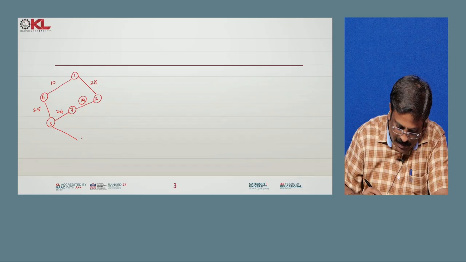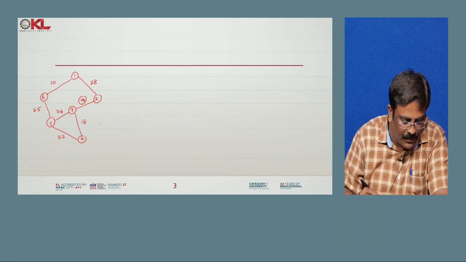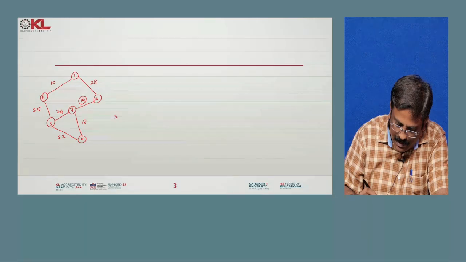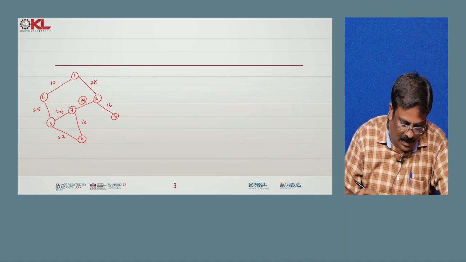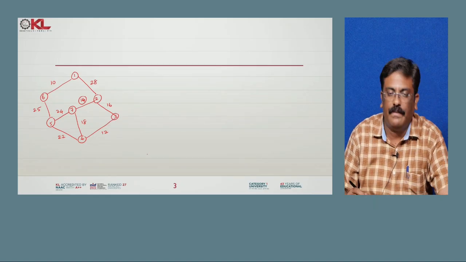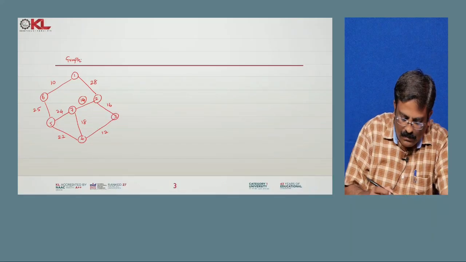Then I have node 4, so this is 22, and I assume this one, 2 to 4, is 18. Then there is one more node, 3, and from 2 to 3 is 16. Then from there we can form 12. This is the given graph.